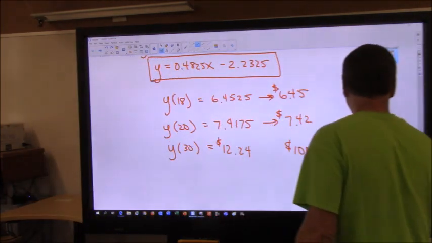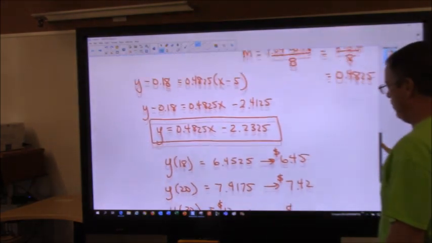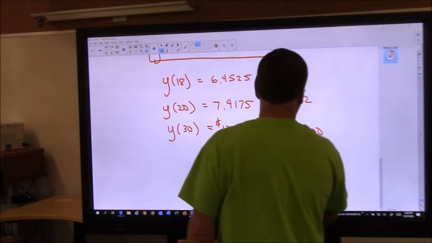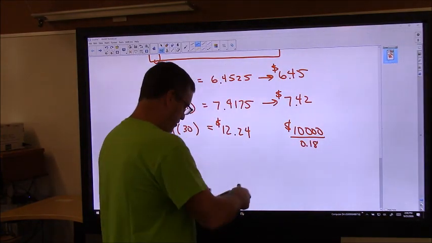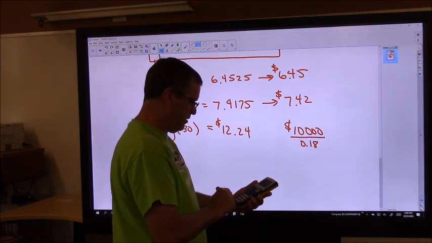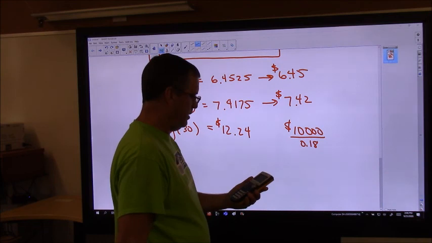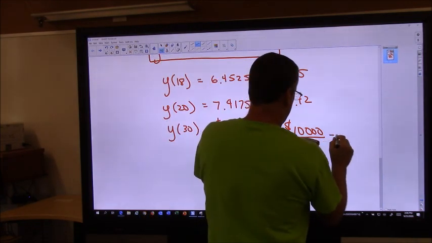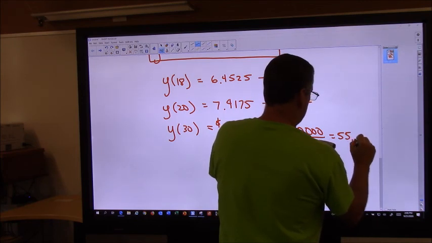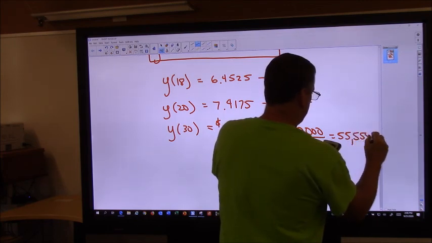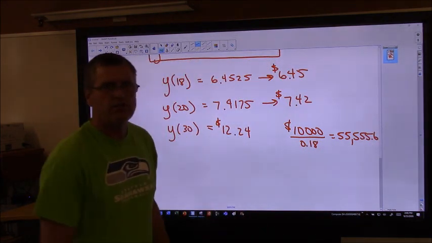And originally, this stock cost 18 cents a share. So I divide this by 0.18. So let me do that on my calculator. 10,000 divided by 0.18, and I would have been able to purchase 55,555.6 shares of stock.